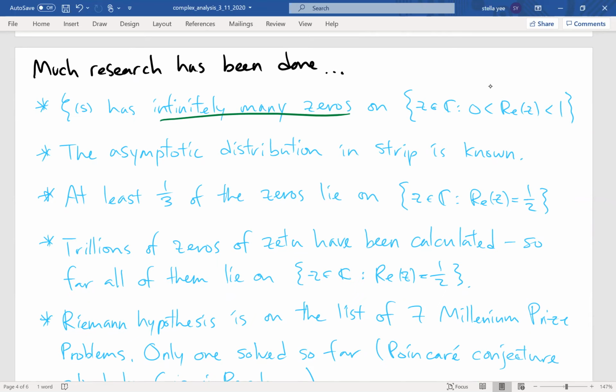Somebody proved that at least 1/3 of the zeros lie on the critical line, real part of z is 1/2. Now I know that doesn't make any sense as stated, because 1/3 of infinity is really infinity. But you could make sense of this argument.